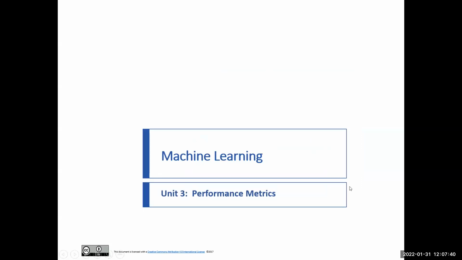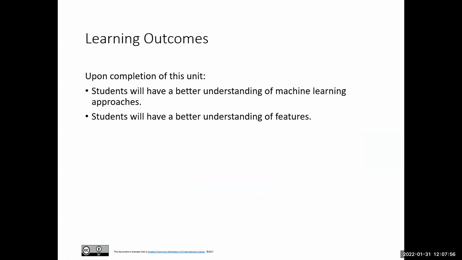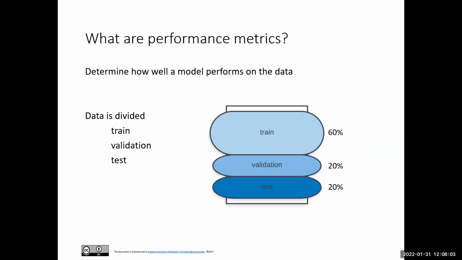Okay, so performance metrics, I've already motivated what it is, right? You guys know it's the way that we measure how good an algorithm is. You saw 85% accuracy, 80% accuracy, etc. So we basically want to understand how these things work. Whenever we have a machine learning algorithm, we have data, right? Machine learning is all about training a model.